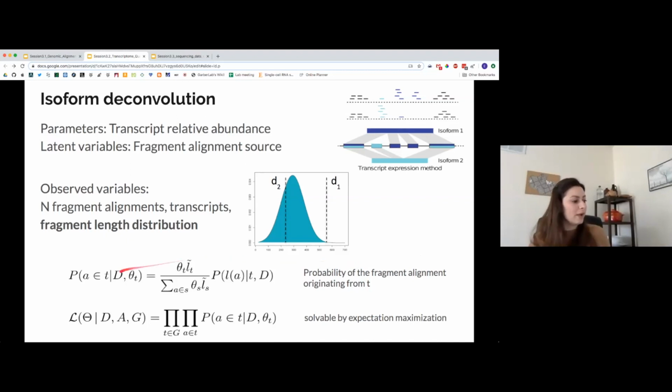What it will try to estimate is the transcript relative abundance which will maximize the likelihood of obtaining the data that you did. So it will try to estimate this parameter we don't know, the relative abundance of the transcript, given the distribution of fragment lengths that are possible and the alignments that you got.